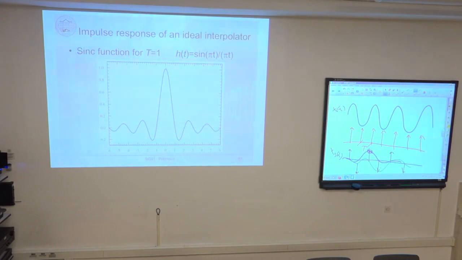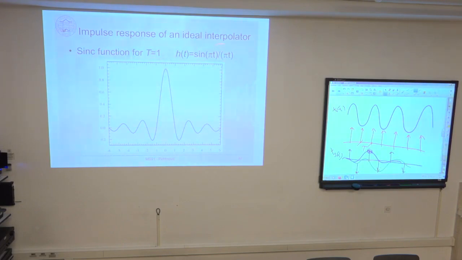You have 0 over 0. You can only compute it by limits. The limit of this quotient when t goes to 0 is 1. Because when the sine has a small argument, the value of sine is equal to the argument. So for small t, it is only pi t over pi t. And this cancels out, it is 1. So for that reason, I have this value of 1 at t equal to 0.